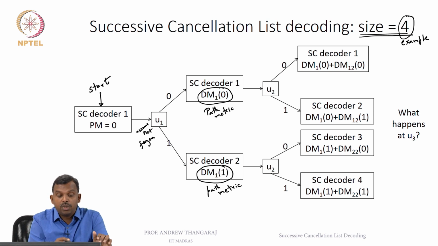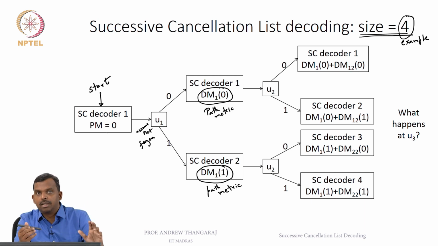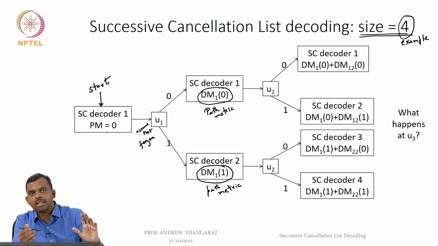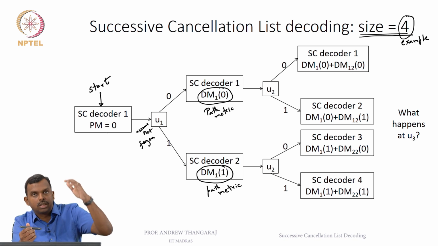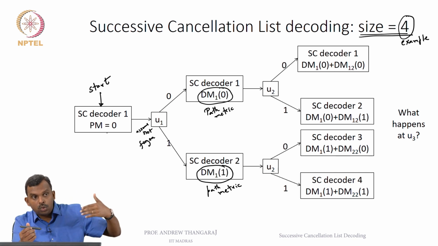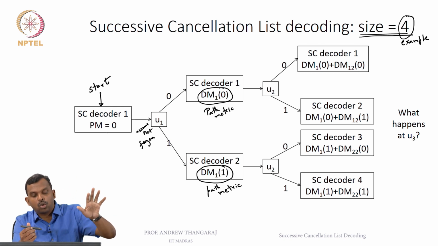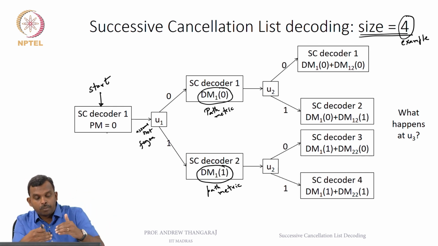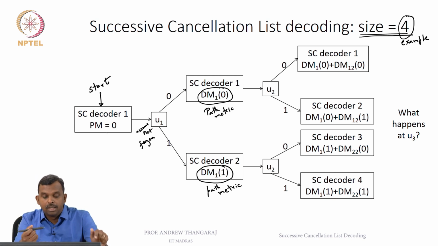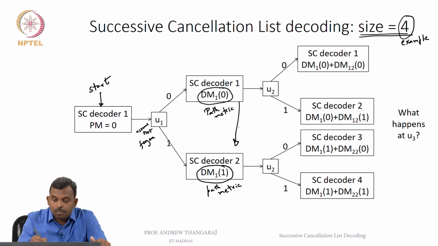Initially you had only one decoder. Remember, every decoder costs you memory in storage. Every decoder has a state. You have to store all those L values, the beliefs that are flowing in, and the u cap values, things that are flowing back, and the states. You have to store all of them, and when you make a copy of this decoder, you have to copy all that information, up to that point.